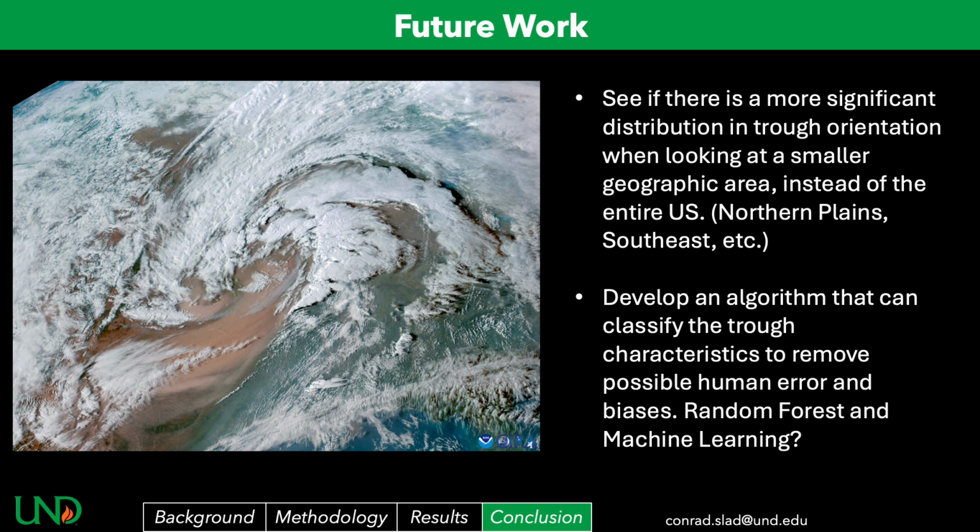Maybe I could use random forest machine learning to pick apart the different trough orientations. I think that would make the research go a lot faster and maybe reduce the human error and biases that I may have had when sorting the different troughs for those significant tornado days.